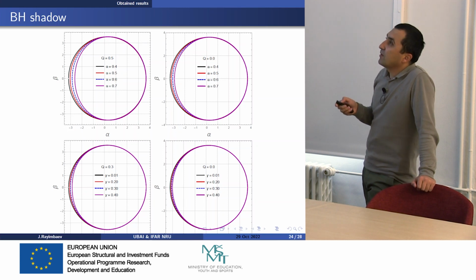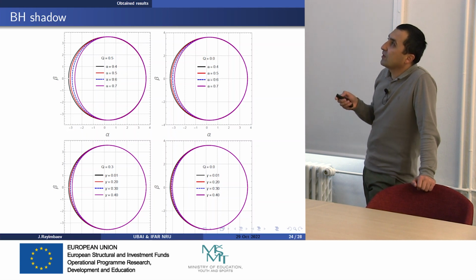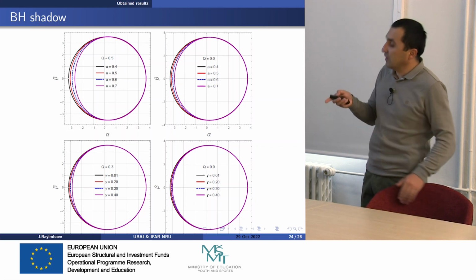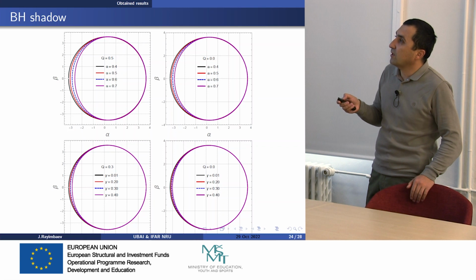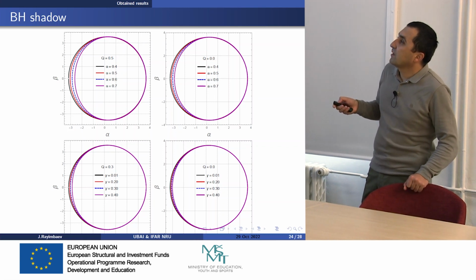So we can see that the black hole spin increases the distortion parameter, and the gamma parameter also gives similar effects, the same as the spin of the Kerr black hole.